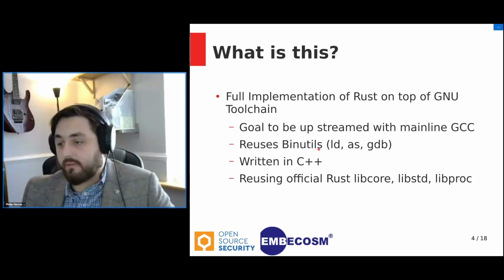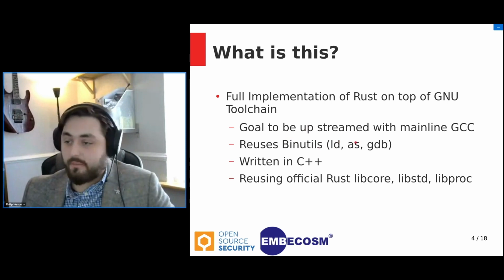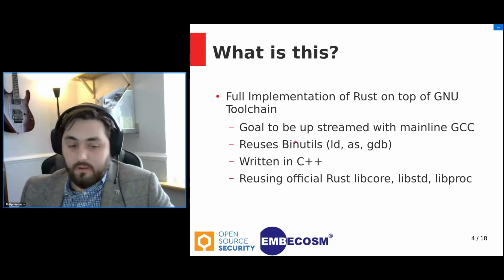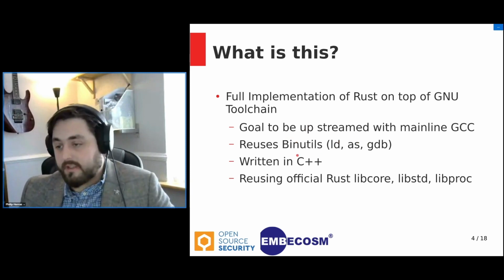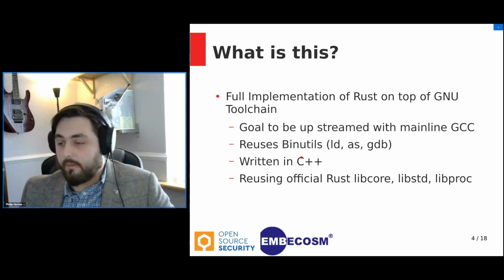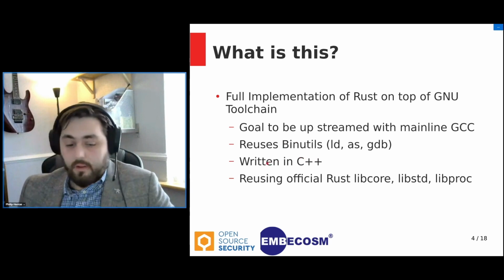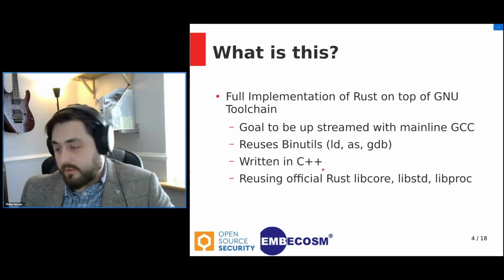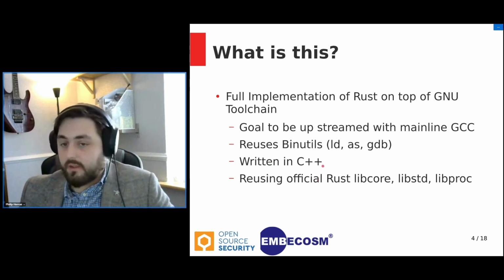That means we're getting to reuse binutils, LD, the assembler, GDB. We're also writing this in C++, so that's something maybe to talk about later on. That means it's much more easily bootstrappable going forward, because obviously GCC is written in C and C++, C++ now.